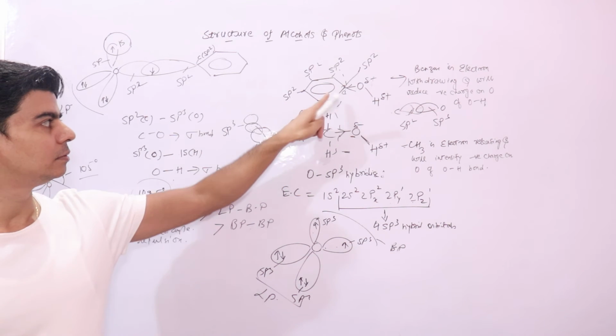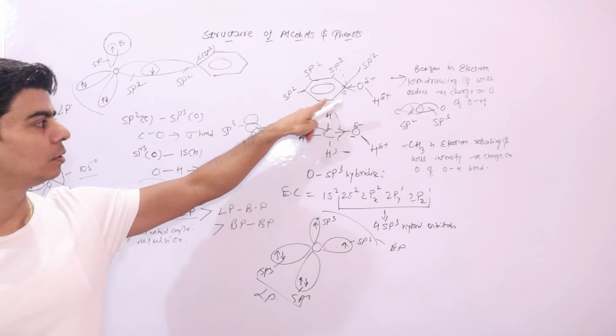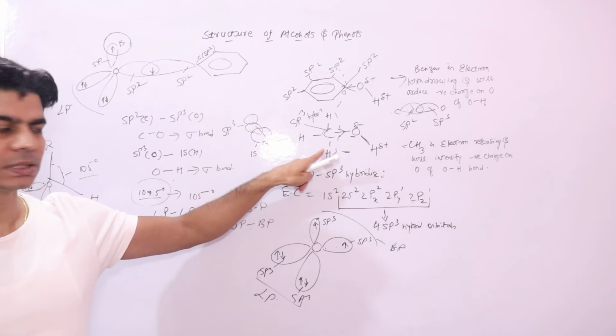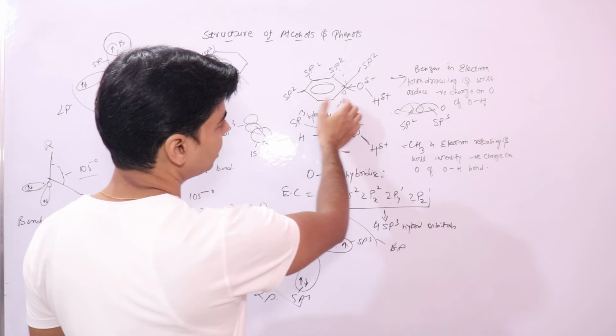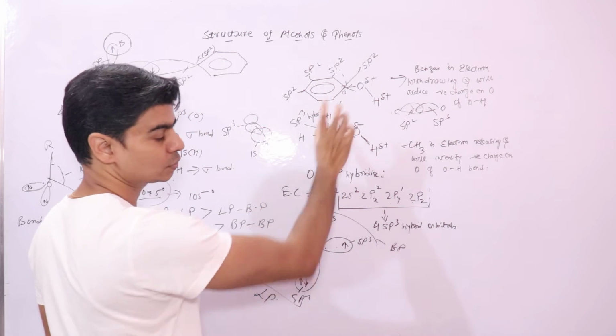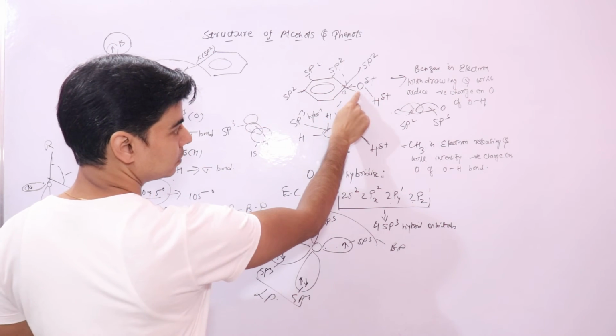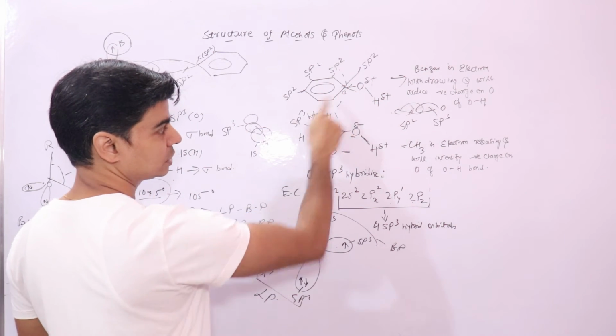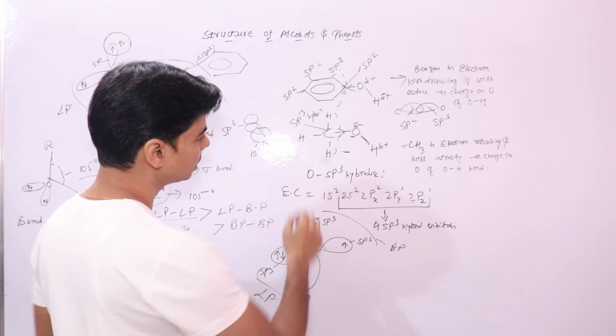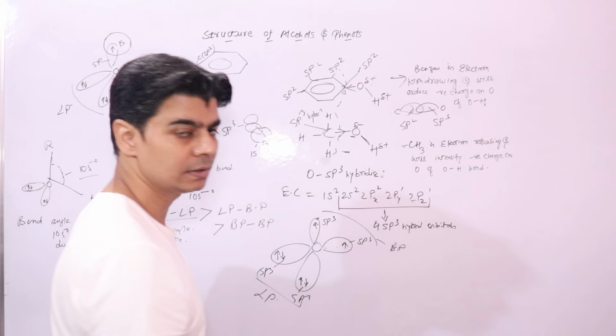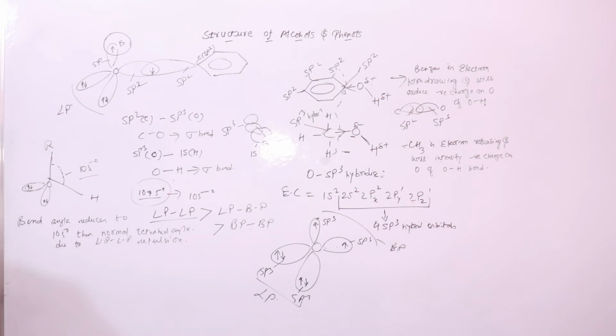Their behavior: this is electron withdrawing, and this is electron releasing. So electron withdrawing effect will reduce negative charge on oxygen atom, it will disperse negative charge, whereas methyl will intensify the negative charge on your oxygen atom of OH, right?